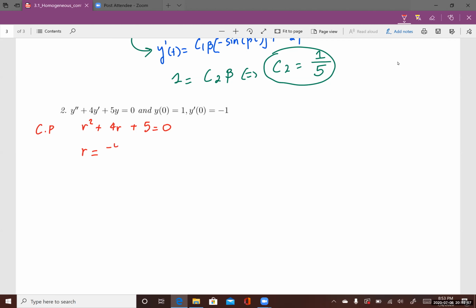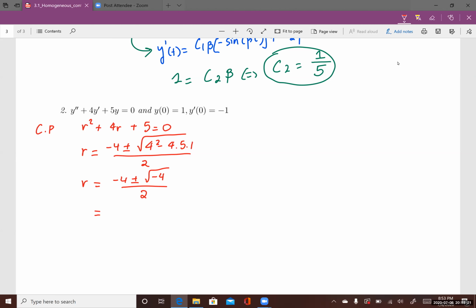So I have negative 4 plus and minus the square root of 4 squared minus 4 times 5 times 1, over 2. So I would have negative 4 plus and minus the square root of 16 minus 20, which is negative 4. So I know that I have a complex root because I have a negative value inside the square root.